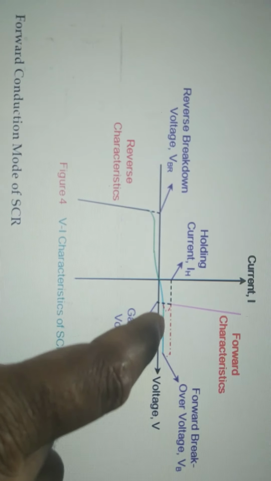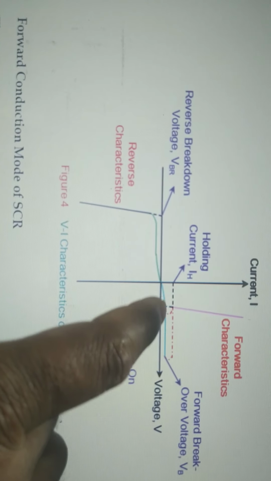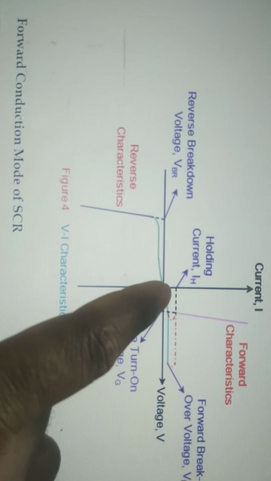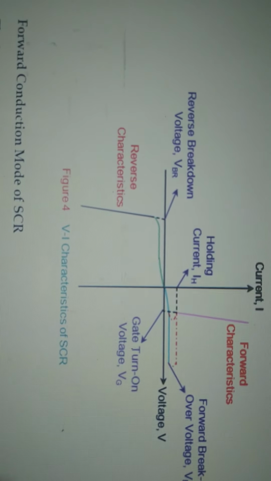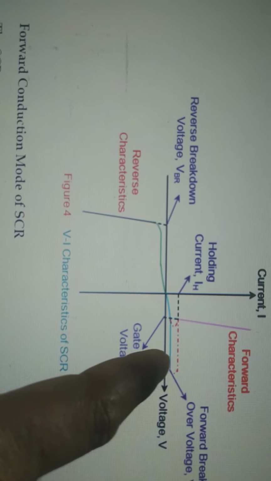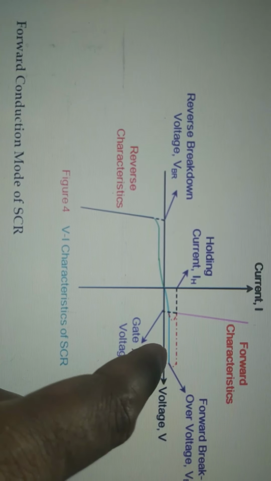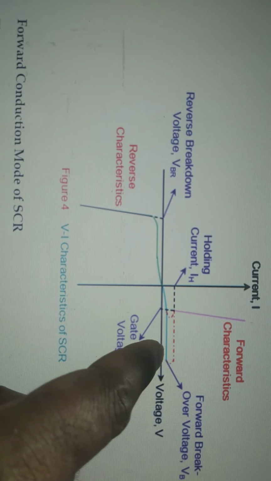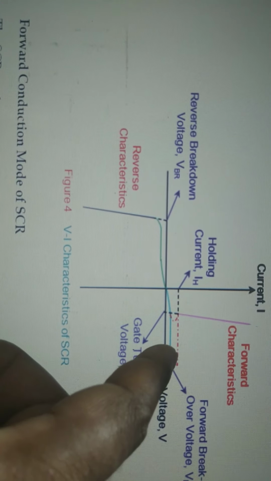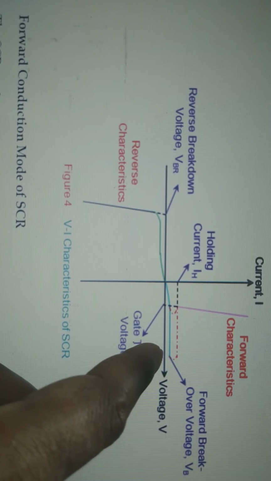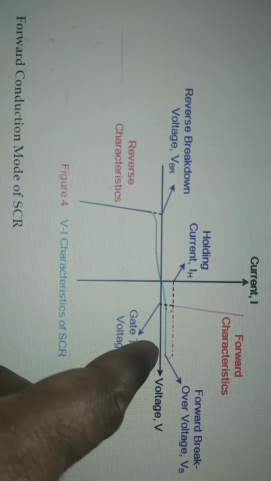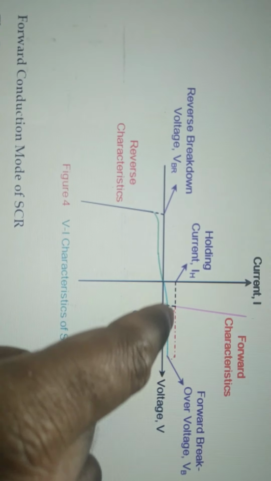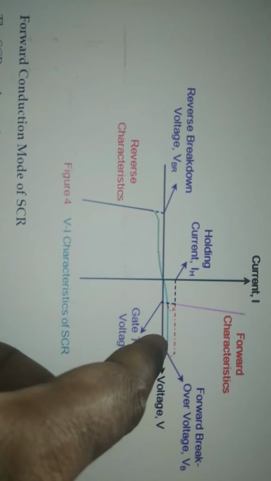When we apply battery terminals, positive to P material, the anode terminal, and negative to the cathode terminal, N material, J1 and J3 junctions are forward biased, but J2 junction is in reverse bias. Hence, it does not allow the current to flow, even though you are applying the voltage across the device. That's how we can draw the forward blocking mode of SCR characteristics.